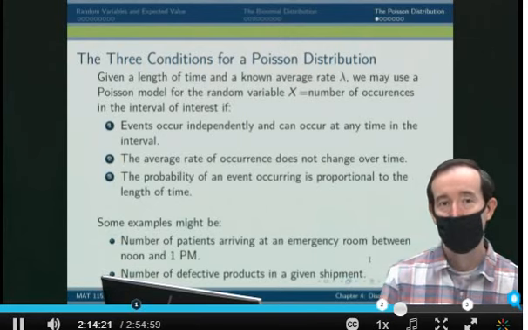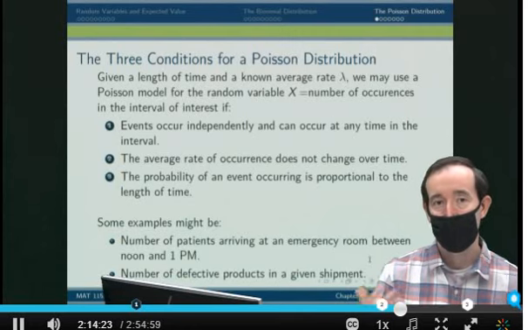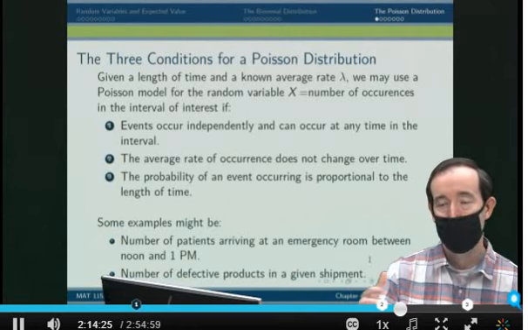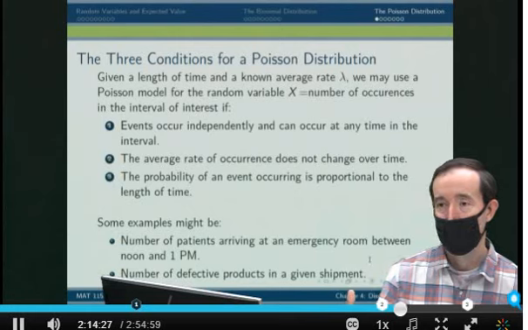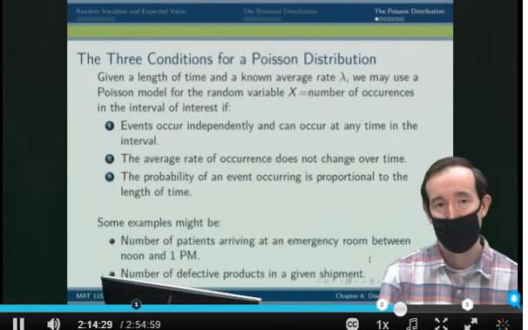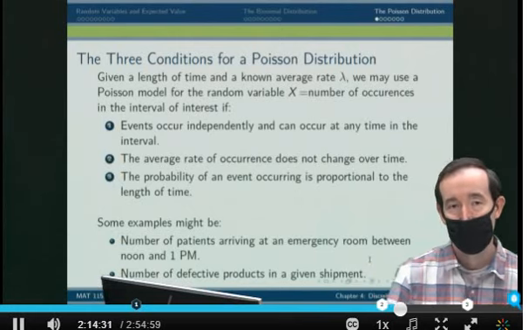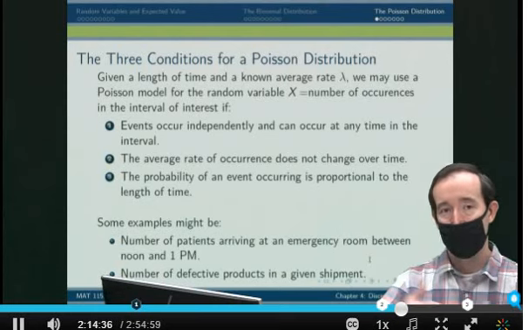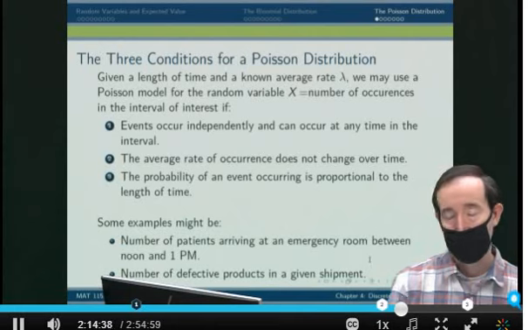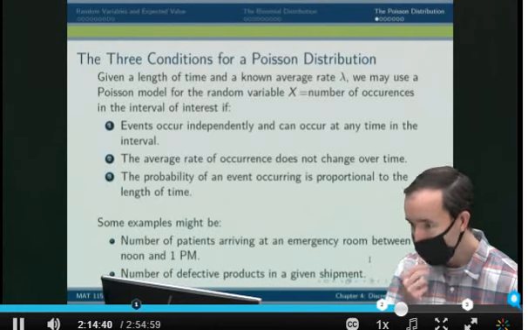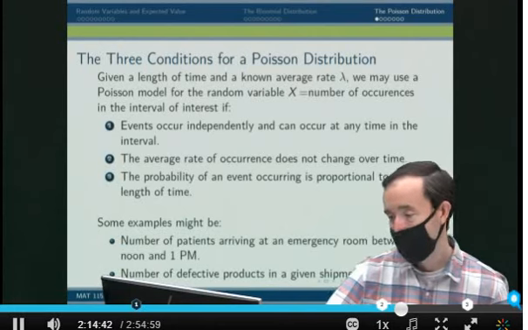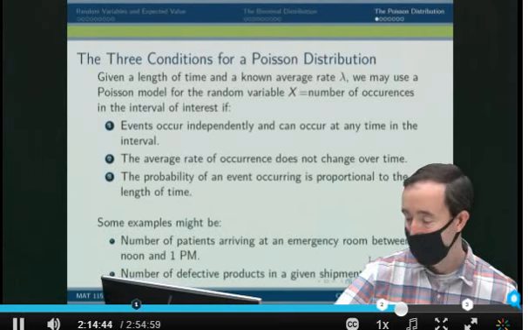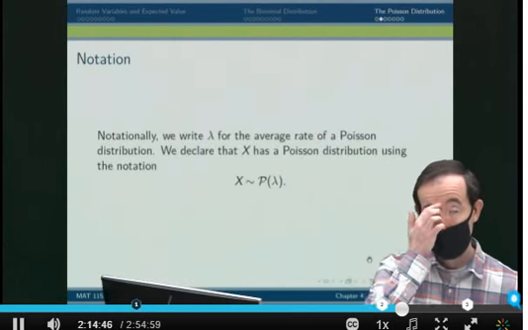If I ask the probability for seeing at least 5 patients in the next 2 hours, it should be proportional, right? Or excuse me, at least 10 patients in the next 2 hours should be almost the same. That's what we want here. We want this to scale up across intervals in a proportional way. All right. As long as those 3 things are true, then we can use a Poisson distribution.